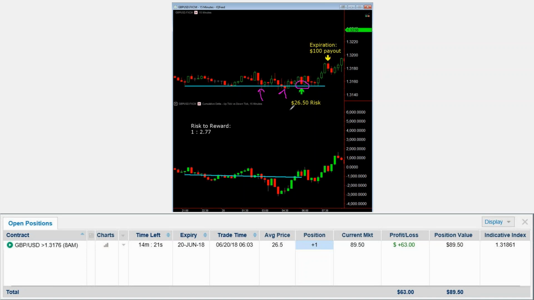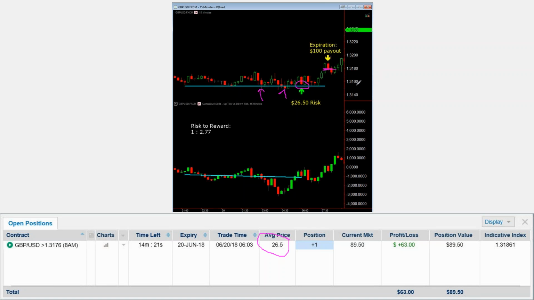Do you see that? At that time, your risk was $26.50, okay? And when it expired at 8 a.m., it expired right here, and you actually made the full payout, okay?